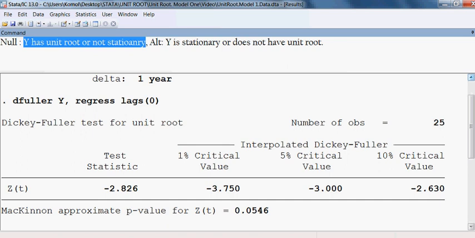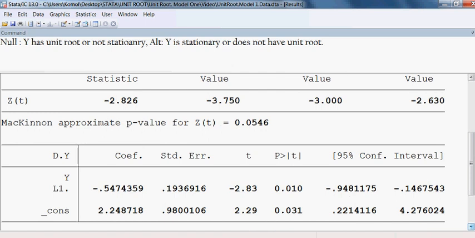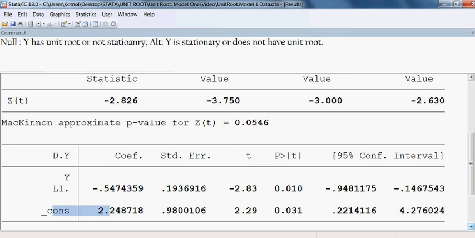But here one thing we have to make sure of. This one is our first model, right? The first Dickey-Fuller model, which has only intercept. You can see from here it has only intercept. So that is the first model of the Dickey-Fuller test.